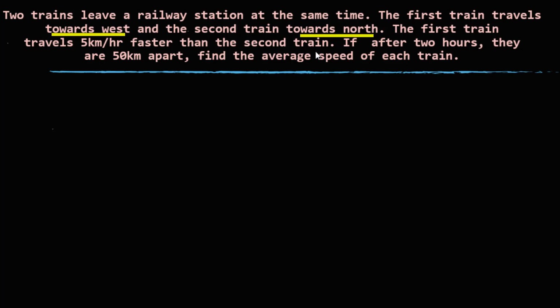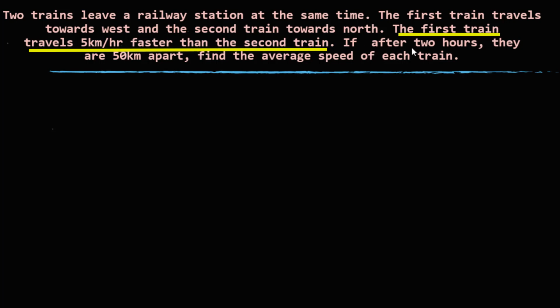And next, the first train travels 5 km per hour faster than the second train. So that means the relation between the speeds of the two trains is given. Here the speed of the first train is 5 km per hour more than the second train.